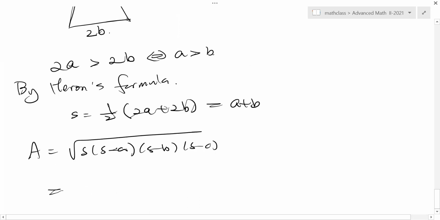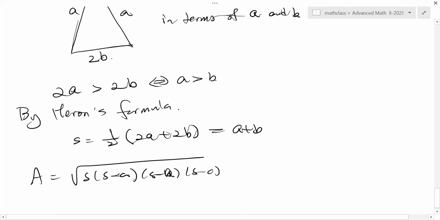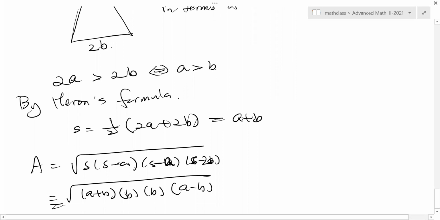All right, so what is, so actually S minus A, S minus A, that's B here, then S minus 2B, okay, because there are three sides, right? So S is A plus B, then minus A, that's just B, and S minus A, that's just B. S minus 2B, A plus B minus 2B, A minus B, okay?